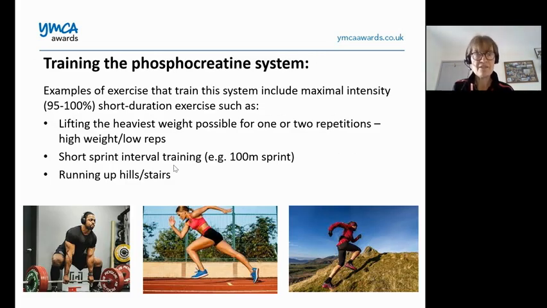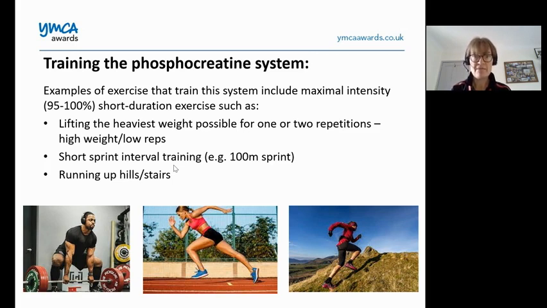So looking at the kind of training that you're going to do, if you want to train the phosphocreatine system, it needs to be exercises that are performed at maximal intensity, right up at 95 to 100% of your ability.